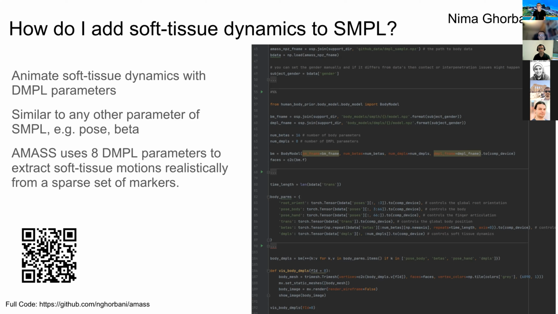For example, MOUSE uses 8 DIMPLE parameters to get more realistic bodies from a sparse set of markers. And in the tutorial of MOUSE, I have a code snippet showing how to use these DIMPLE parameters to articulate soft tissues further. Soft tissue, just to be clear, are fatty parts of the body.